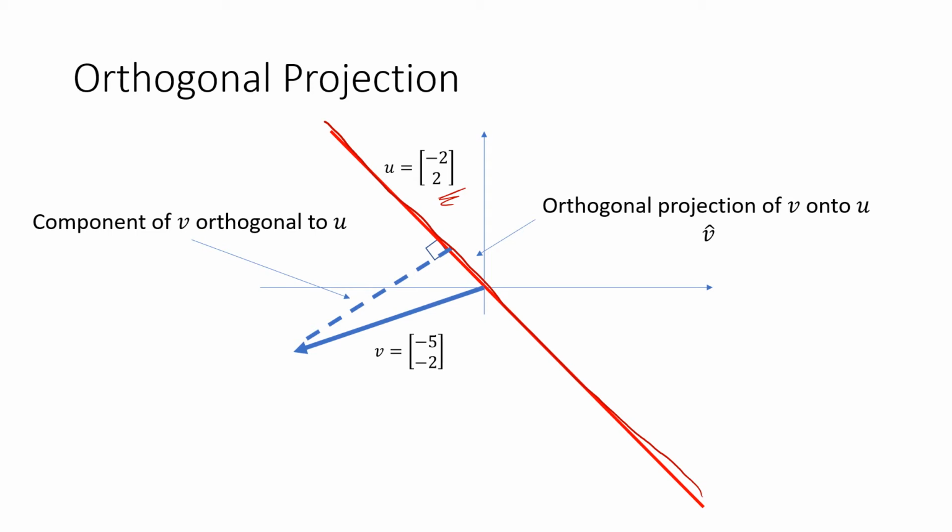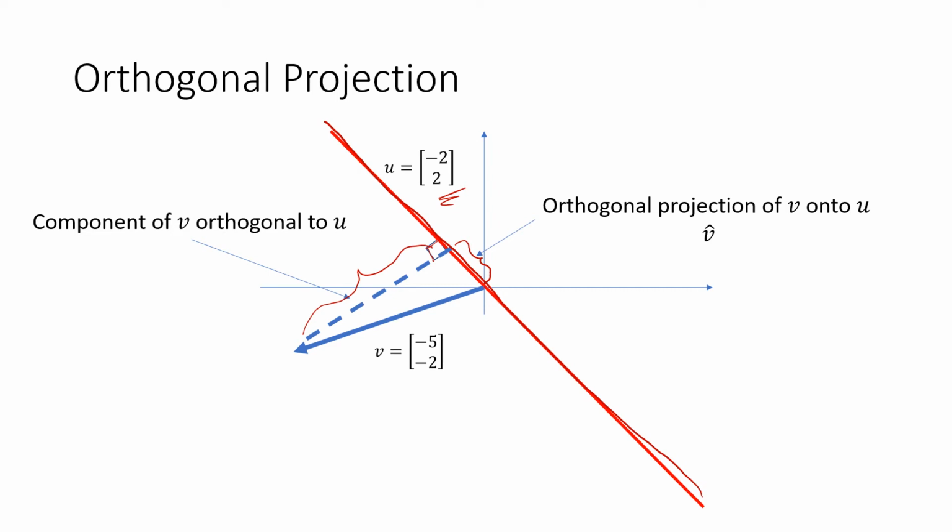When we have this vector v, -5, -2, the projection of it is, well, imagine dropping it down in a straight line so it's perpendicular to our subspace. This breaks the vector down into two components. We have the orthogonal projection of v onto u, so it's kind of the shadow of our vector on our line. And then we have a component that is orthogonal to u.